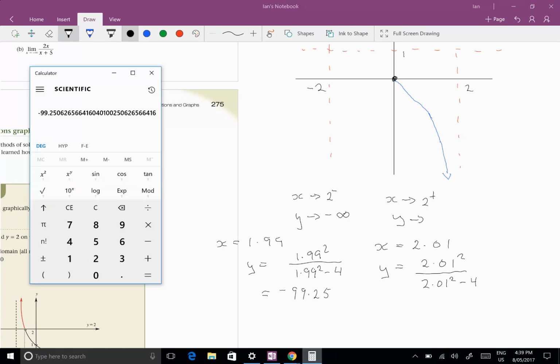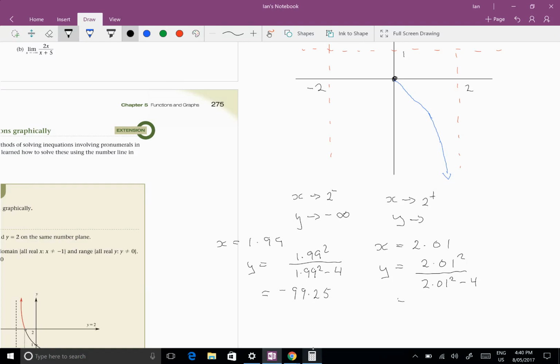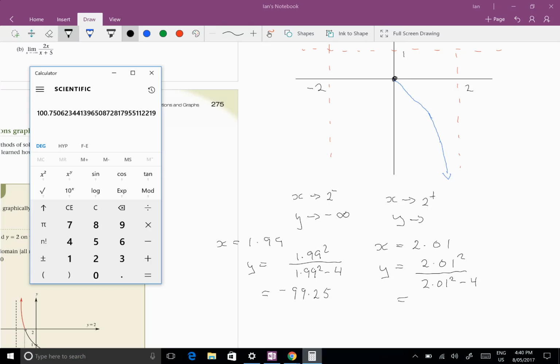Let's get our calculator back and try that. 2.01 squared divided by 2.01 squared minus 4, close the brackets. I get 100.7.